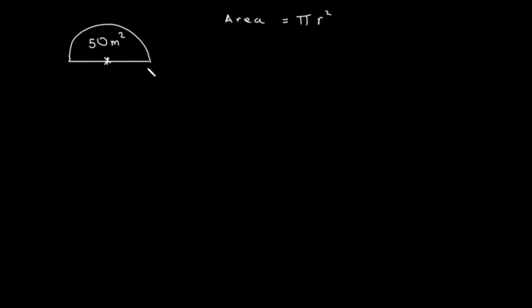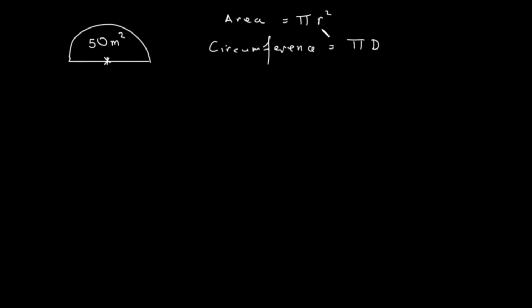The circumference all the way round of a circle, that's this bit here and the bit that would be underneath, is pi times the diameter.